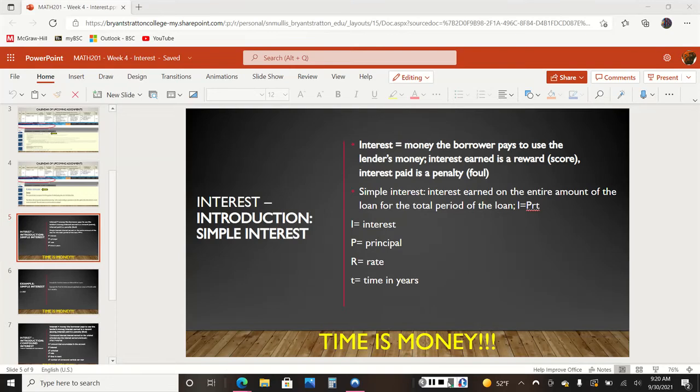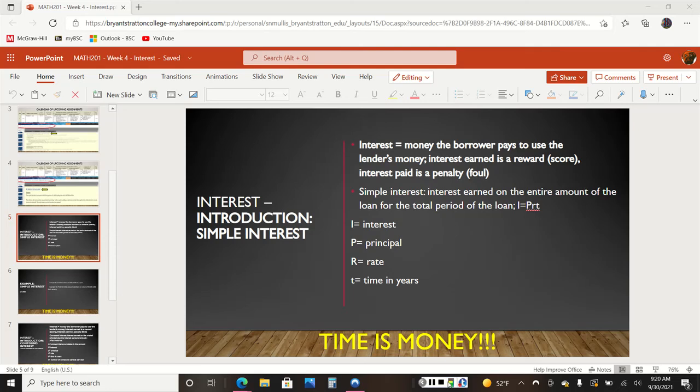That's usually in years. If you receive information about months, we'll do some examples of how to convert it into years. Simple interest is when the interest is calculated based on the amount borrowed and the same amount of interest is paid each year until the money is paid back.